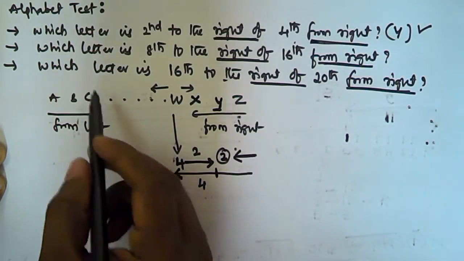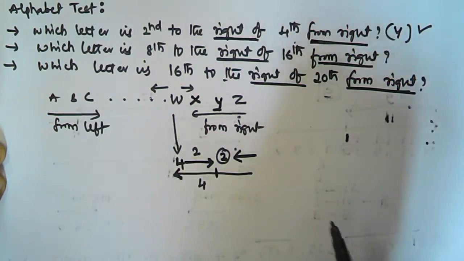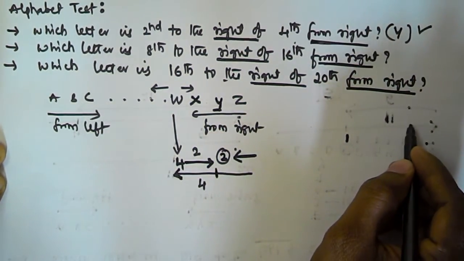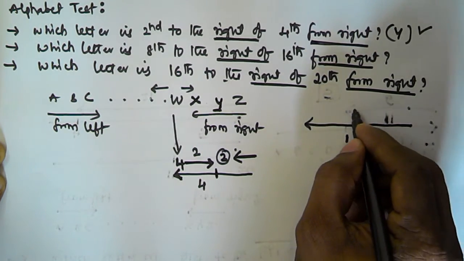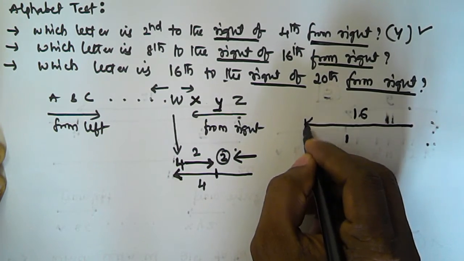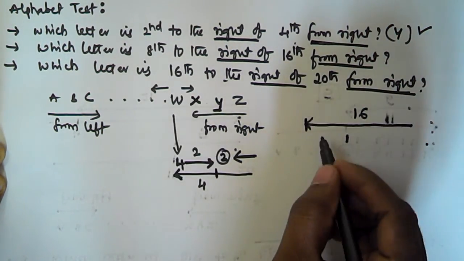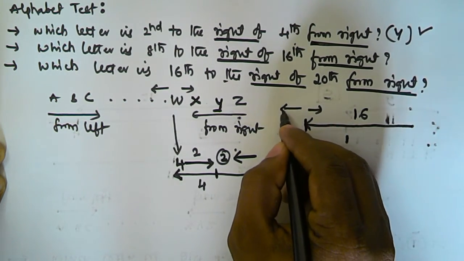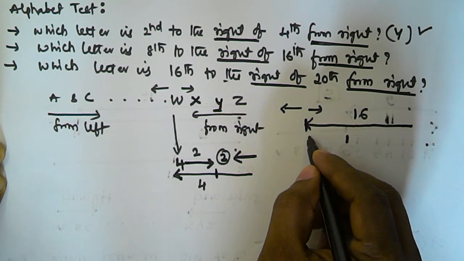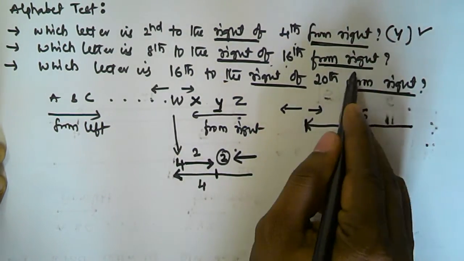Next one: which letter is 8th to the right of the 16th from the right? Again, 16th from the right: we start from the Z and move in this direction. So this is the 16th letter. Then 8th to the right of the 16th. This is the right hand side and this is the left hand side, so again we have to move right hand side, because it is said 8th to the right of 16th from the right.